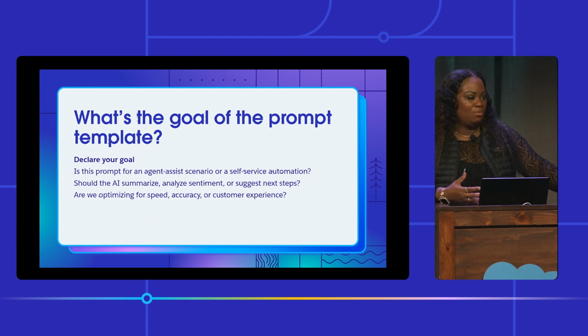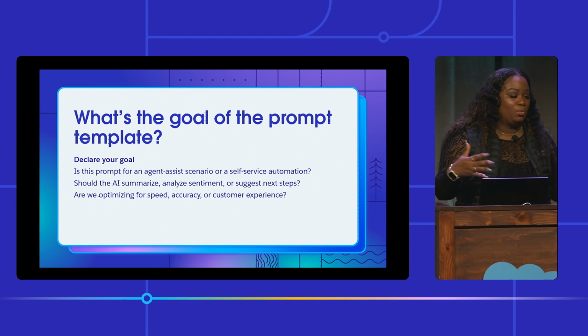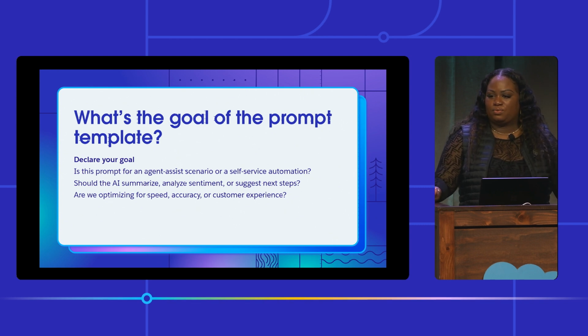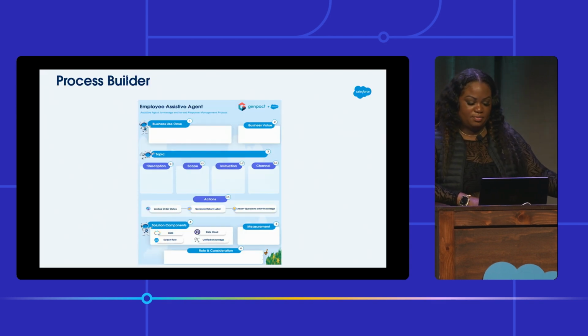Start with, why am I doing this? What result do I want it to have? Start at the end, like what's my end result? So you want to declare your goal. That's a very important piece of it because if you don't know where you're going, how are you going to give it instructions to get there? So very important.